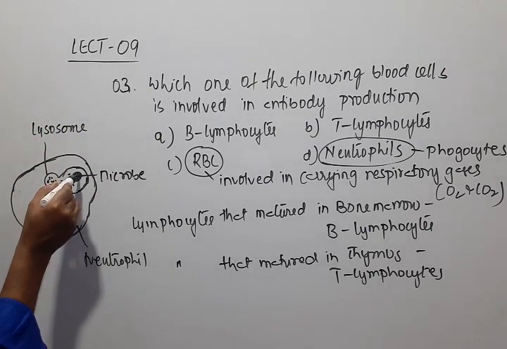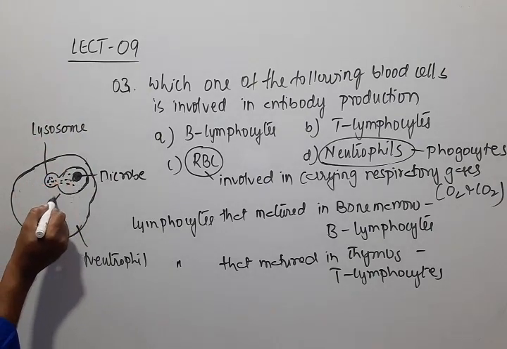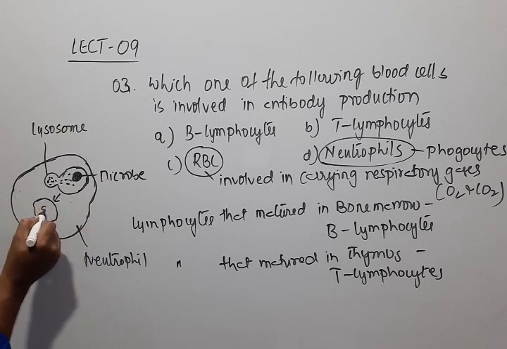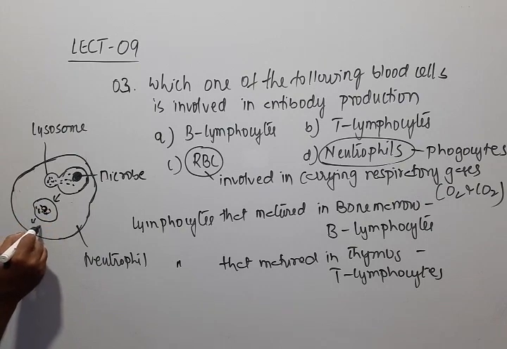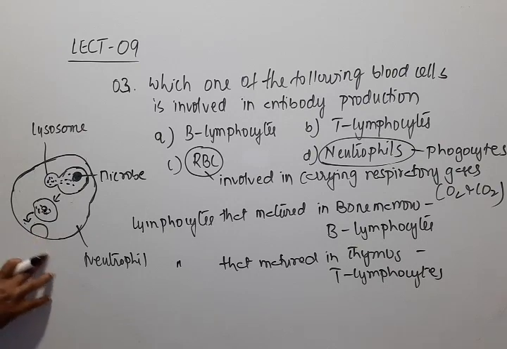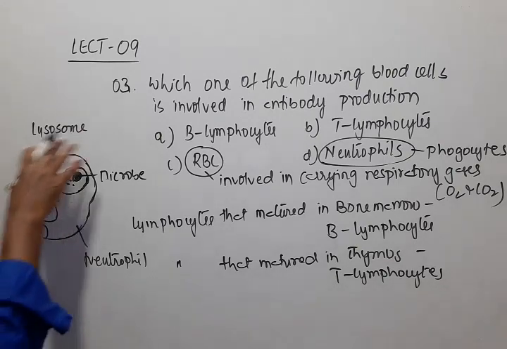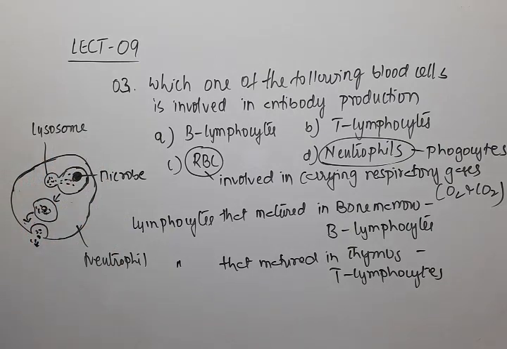Then it comes to the surface, the plasma membrane, and when it merges, it breaks and releases those substances to the outside. So this is actually phagocytosis.